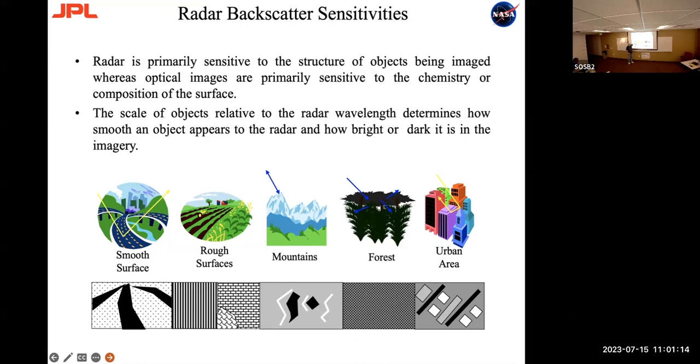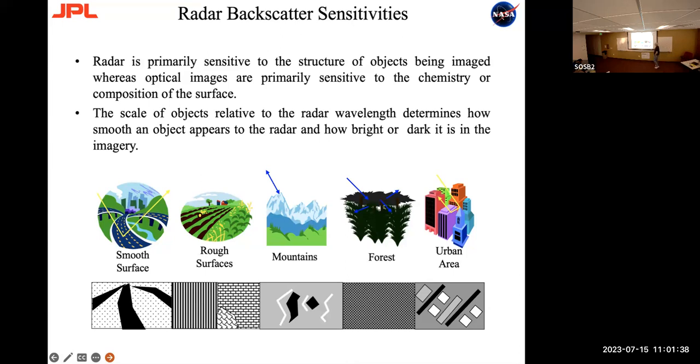You can see different patterns coming from the different crops, from their different surface roughnesses and dielectric patterns. Sometimes you'll see regular patterns if you have a series of crops, and sometimes things look a little more irregular. Mountains have a lot of slope variation, and that shows up very strongly in the radar imagery.